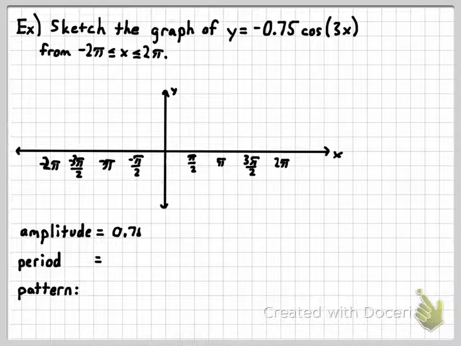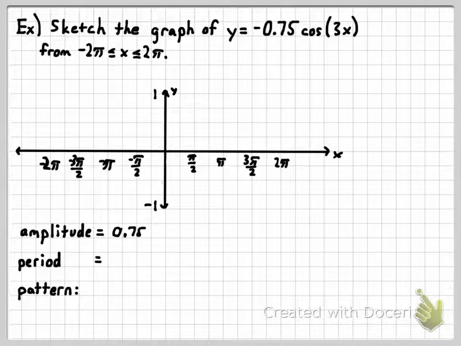Now, on my graph, one of the things that's going to affect is the intervals I use on my vertical axis. In this case, we're going to 0.75. I think I'm going to go ahead and put my positive 1 way up here so that this would be 0.75 right there. Okay? And then I'll put my negative 1 in the corresponding position down below. Our graph is definitely not going to get higher or lower than that.